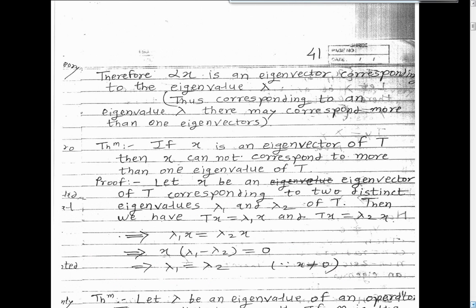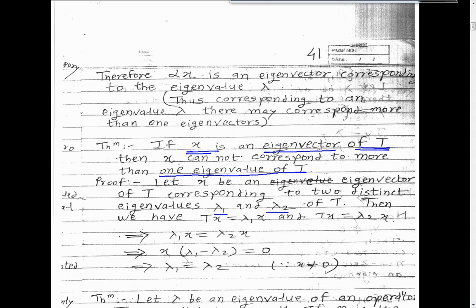Next theorem: if x is an eigenvector of T, then x cannot correspond to more than one eigenvalue of T. Suppose x corresponds to two eigenvalues, lambda 1 and lambda 2.